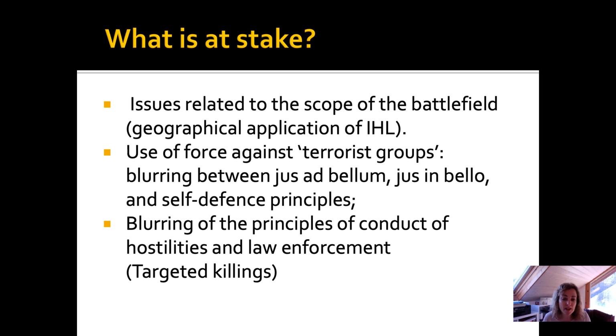But states, by categorizing all members of armed groups as terrorists or all groups as terrorist organization, will have a tendency to blur the two legal frameworks and apply a bit of IHL and a bit of human rights law.